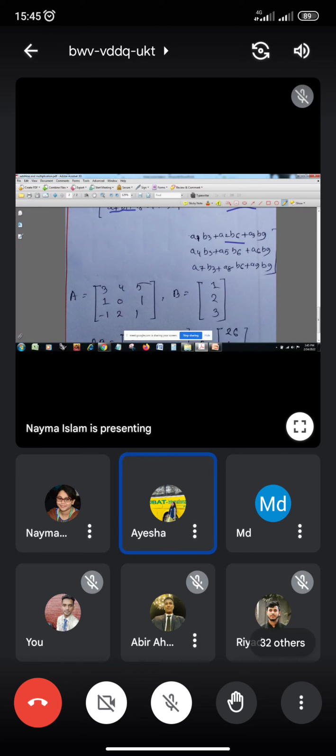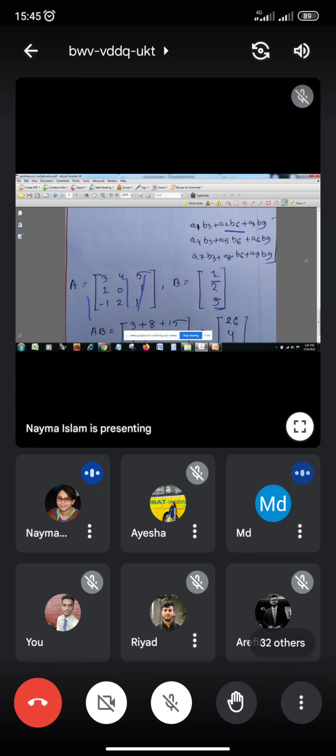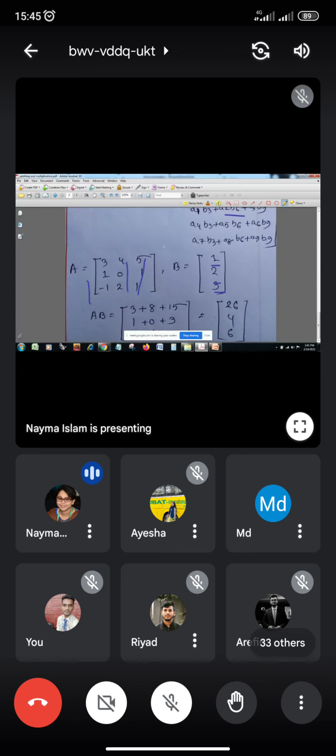Possible, because look at here: the number of columns in A is equal to the number of rows in B, right? Here the number of columns is 3 and here the number of rows is 3. So in this way you can multiply these two matrices.